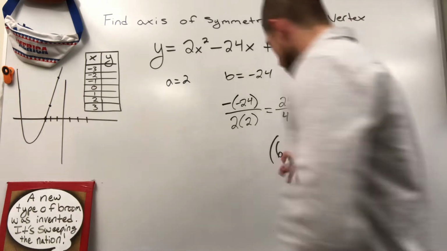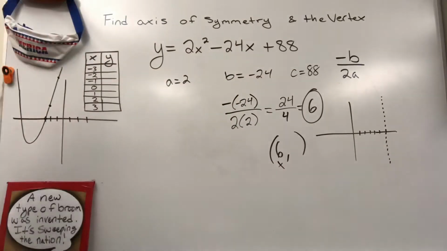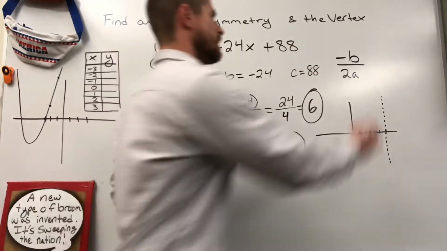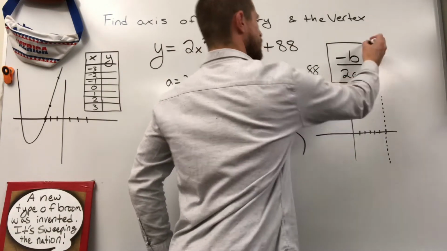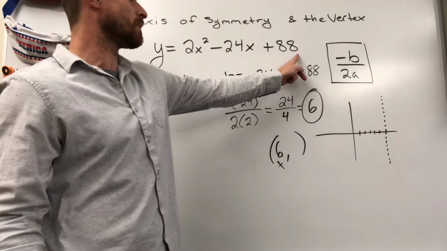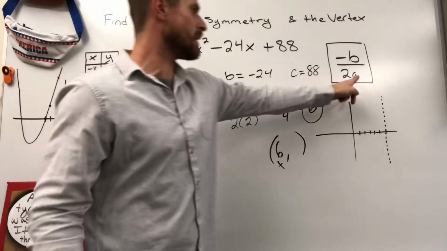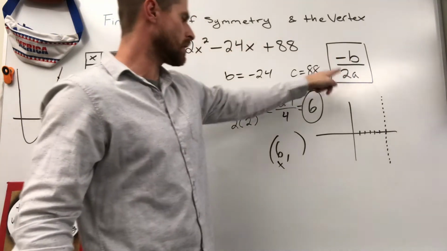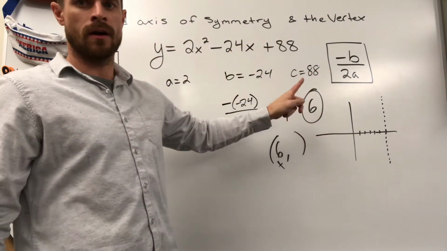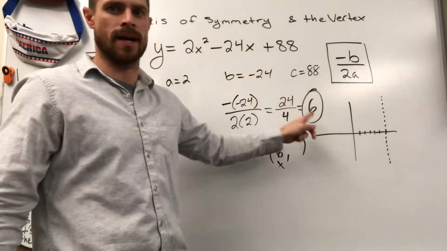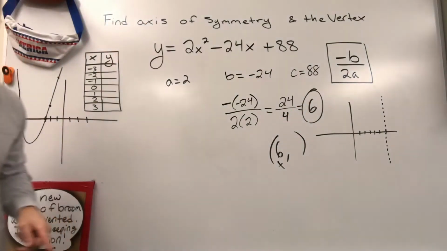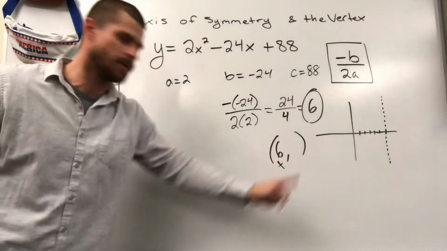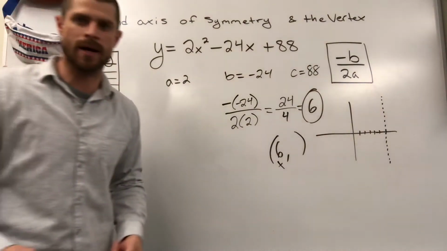Okay, so now that I know my x value is 6 by using the discriminant, take a quadratic in standard form, plug the a value in to the discriminant, plug the b value in, work it all out to know where on the x-axis your line of symmetry will be. Okay, cool, sweet. We've got part of our vertex. Now we just need the y value.